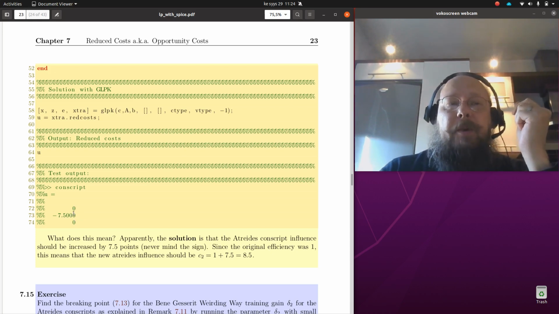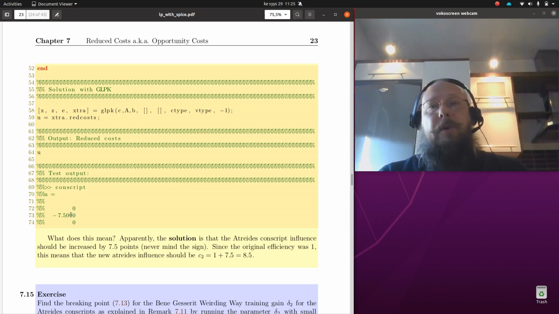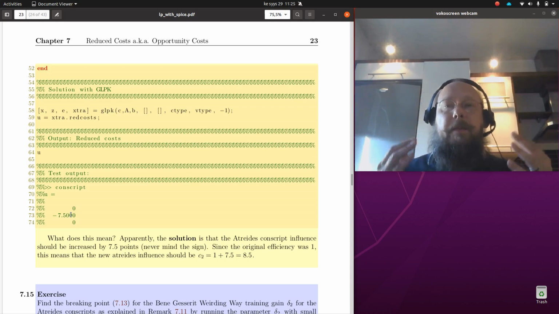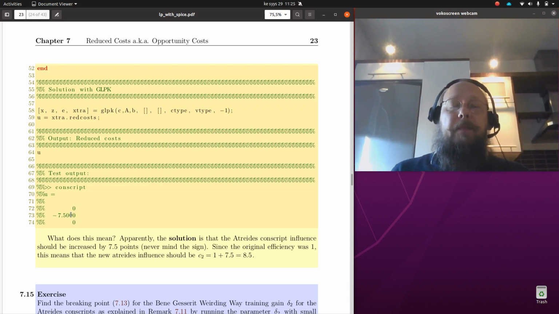The first and third one, the reduced costs, are zeros, and this indeed is related to the fact that we are actually having this first variable, the Fedaykin, and the third, the Sardaukar, in the rapid deployment force. So these decision variables were not zero. The second one for the Atreides conscripts, however, that was zero. So we didn't have any Atreides conscripts there.